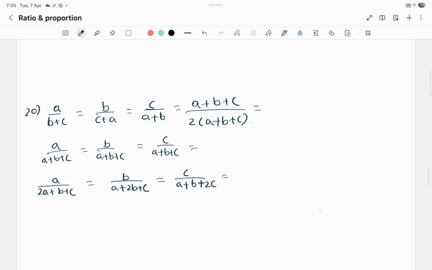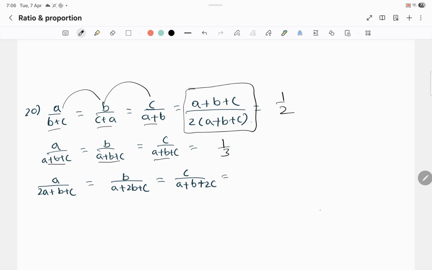Then a by b plus c is equal to b by c plus a is equal to c by a plus b is equal to what? Simply we can add: a plus b plus c by 2 times (ab plus bc plus ca)... sorry, we get 1 by 2. Then if you add a plus b plus c in the denominators, we'll get 3 times, so the answer will be 1 by 3.